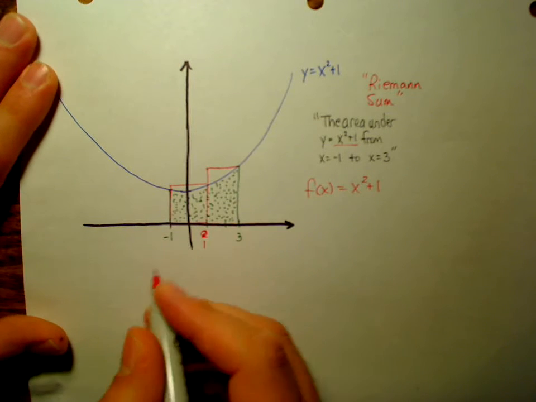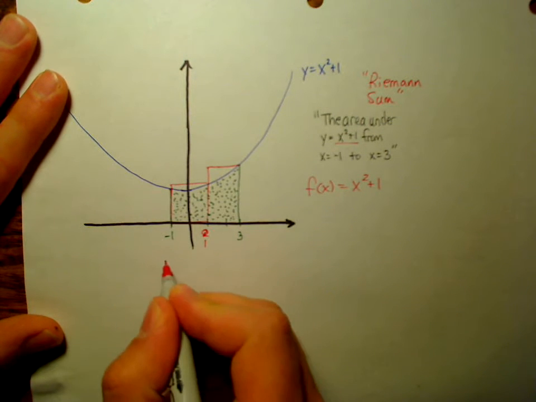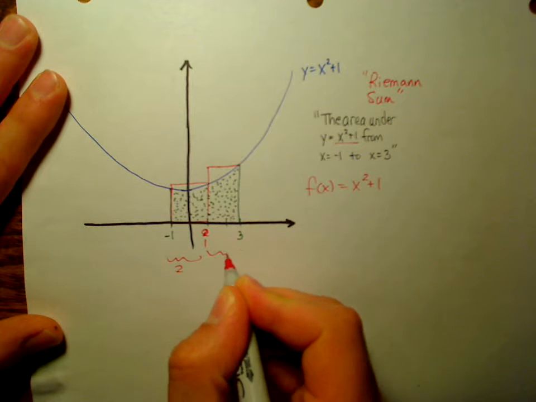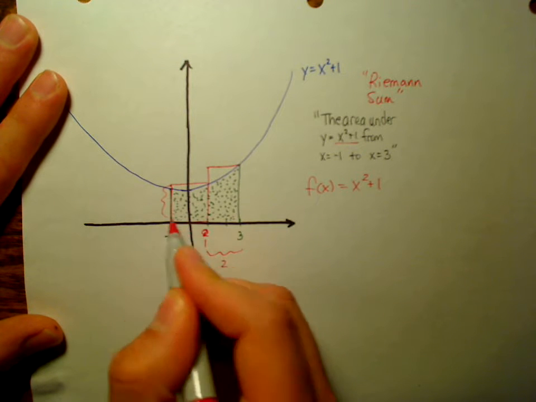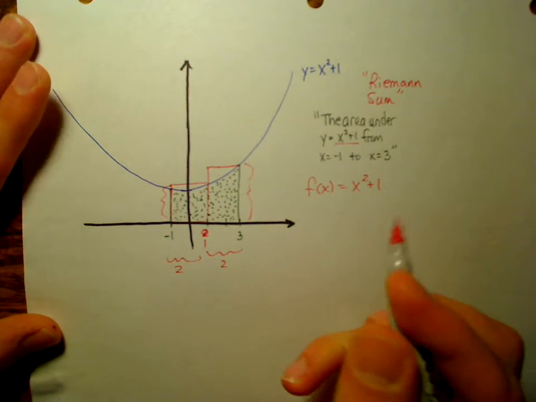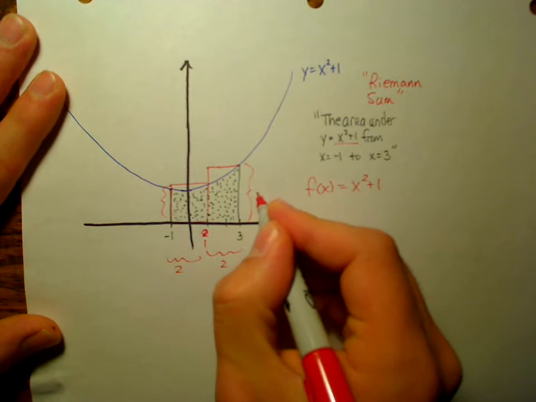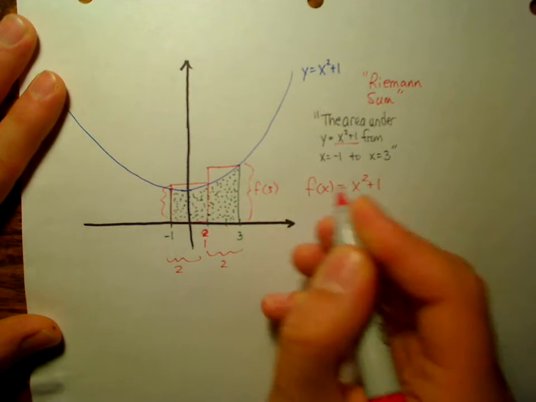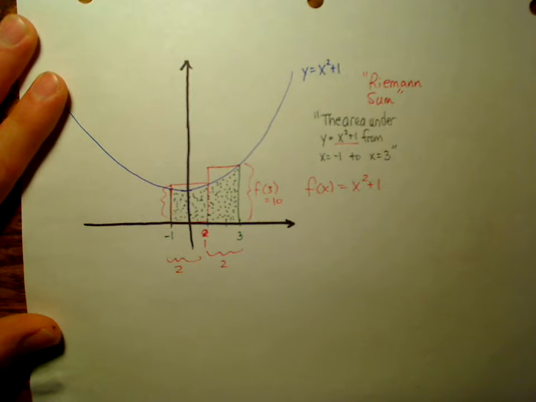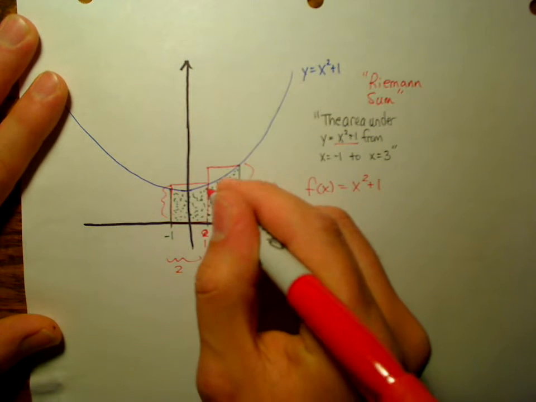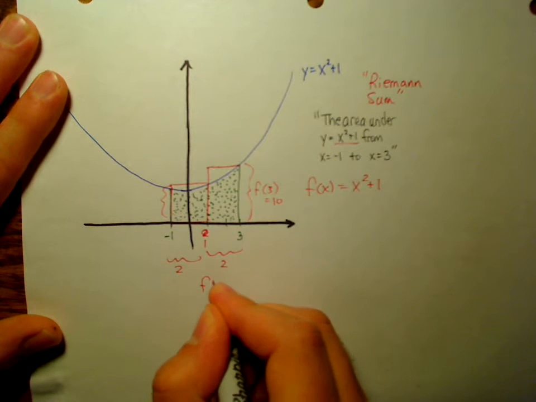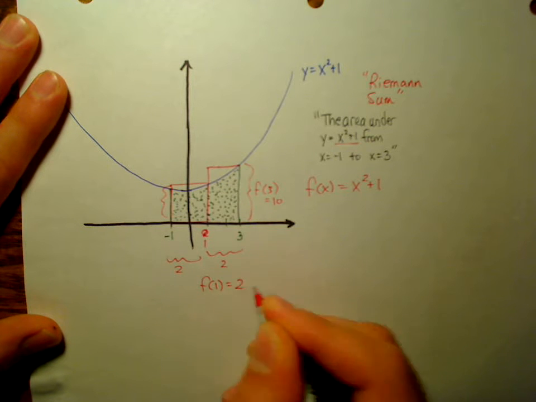And so what's the area of each of these boxes? So the box on the left, that width is 2, and the heights are given to us by the function. The height there, that is f of 3, which is 10, because of the x squared plus 1. F of 1 is going to be 1 squared plus 1, so that's 2.